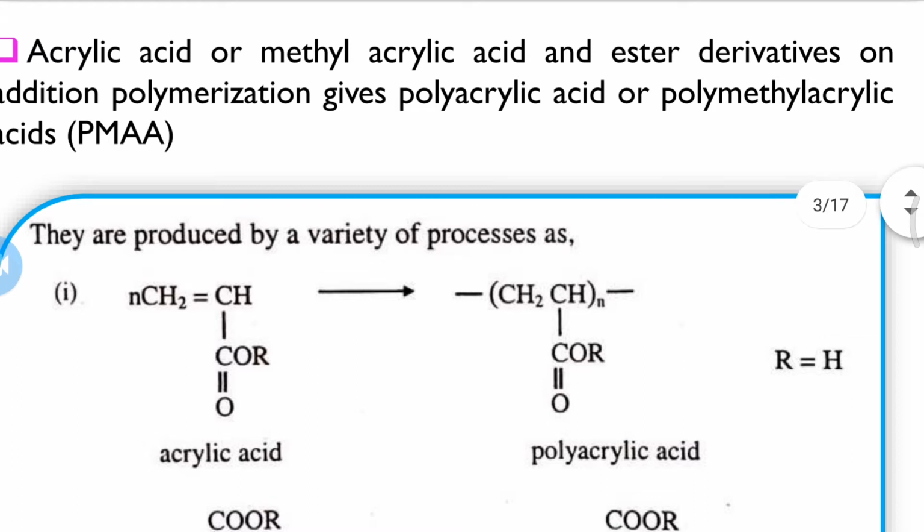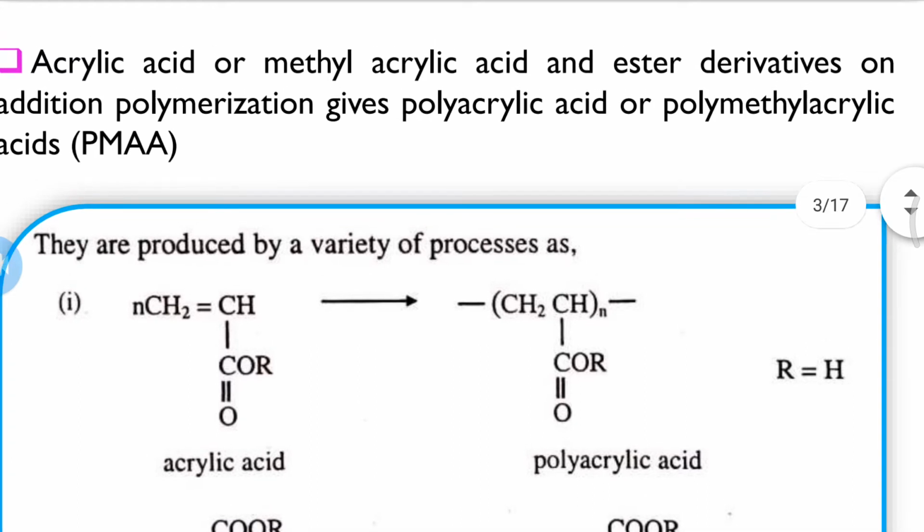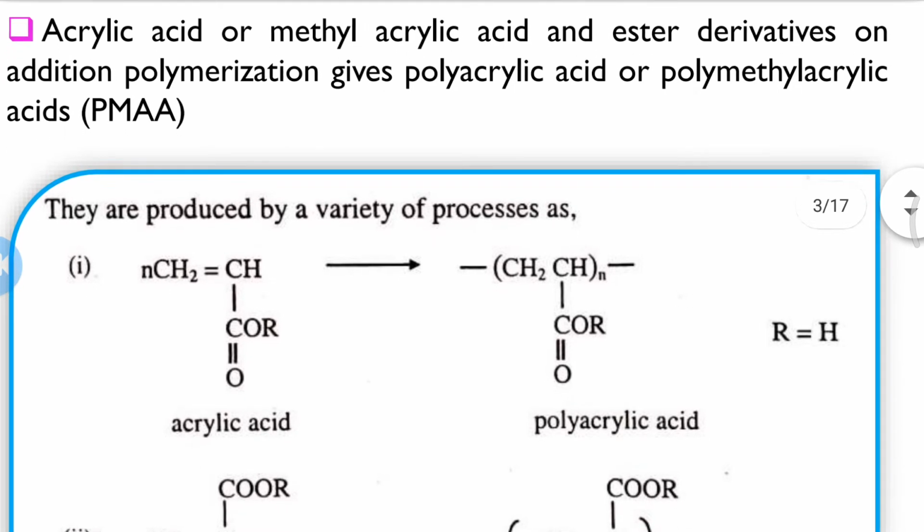So another synthesis method: acrylic acid or methacrylic acid and ester derivatives on addition polymerization give polyacrylic acid or polymethacrylic acid, such as PMAA, polymethacrylic acid. So this PMAA is synthesized from acrylic acid or acrylic ester by condensation or addition polymerization to give polymethacrylic acid or polyacrylic ester polymer.